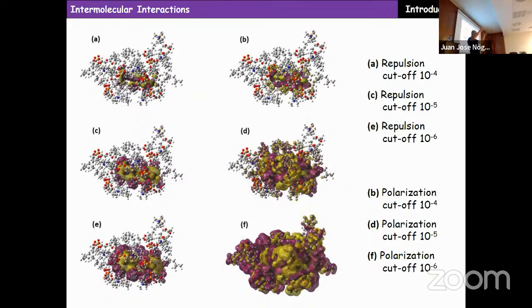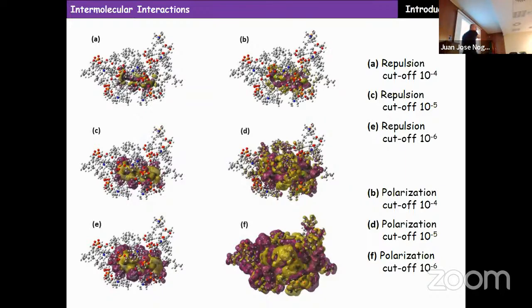When we have an overlap of same spin electrons from one fragment and the other, I have a reflection of the charge because I have Pauli repulsion. Here we are representing this deformation of the density due to the Pauli repulsion.